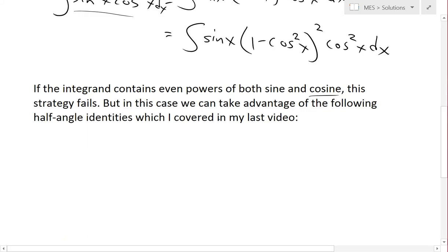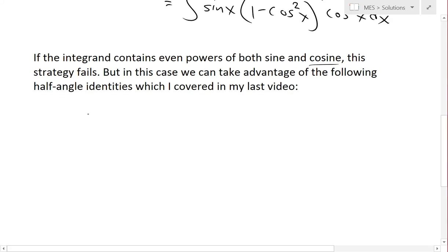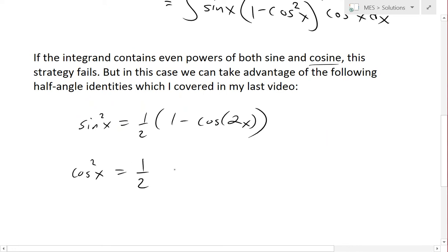So in this case we can take advantage of the following half angle identities, which I covered in my last video. Sine squared of x equals 1/2 times (1 minus cos 2x), and cos squared of x equals 1/2 times (1 plus cos 2x).